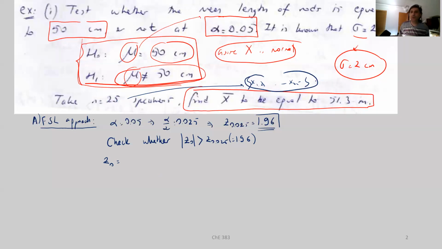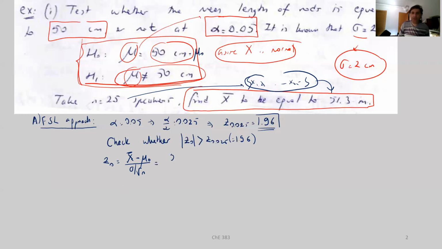From these values, you compute the X bar value. I just bypassed this step, and this is going to be X bar minus mu over sigma over square root of n, and note that mu here is the suggested value, the one in the null hypothesis. So it should be mu 0 actually.